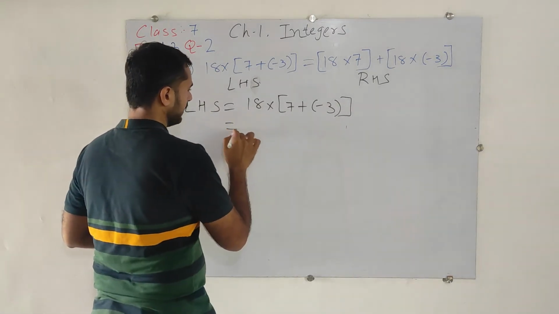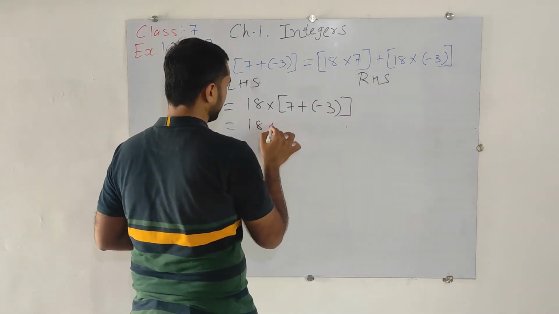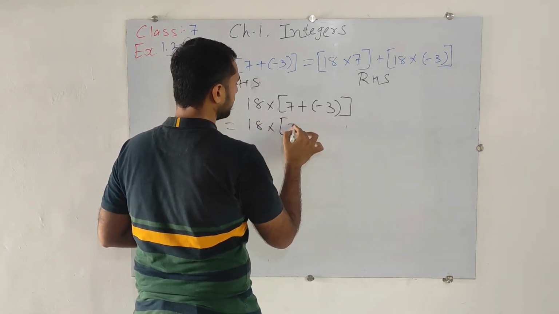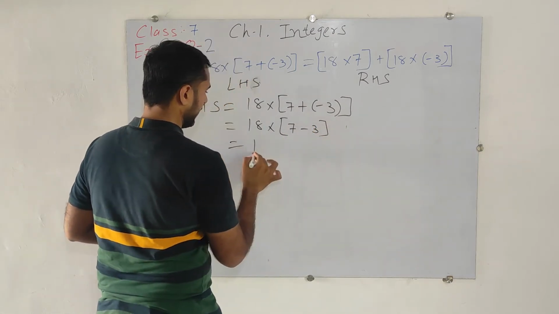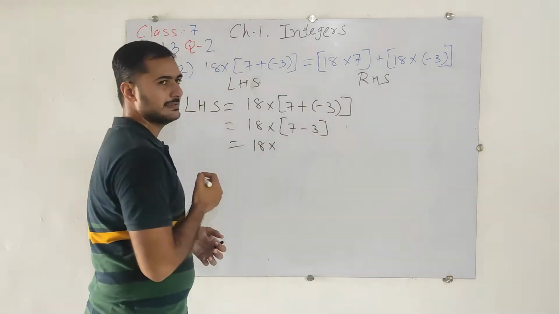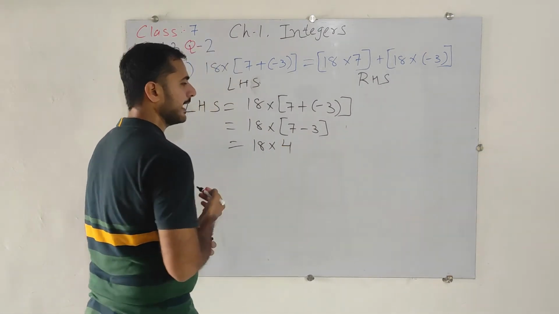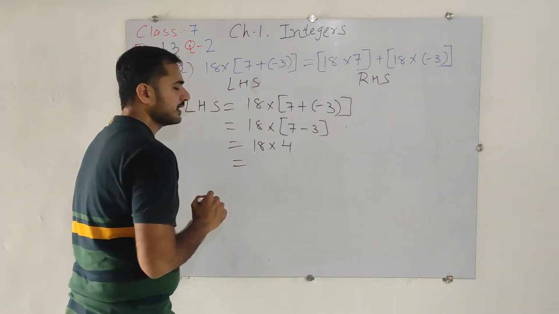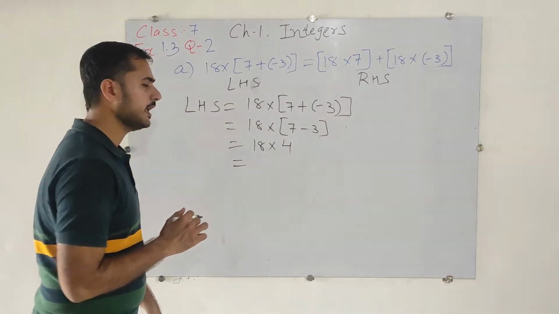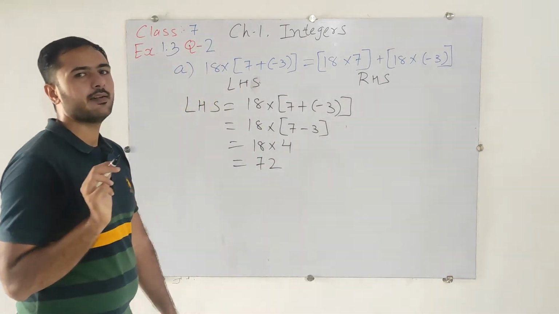Always we solve the brackets first. So 18 multiplied by 7 minus 3, that is 4, and the sign of the bigger number, that's the 7 only, no need to do anything. 18 fours are 72. So here in LHS we get 72.